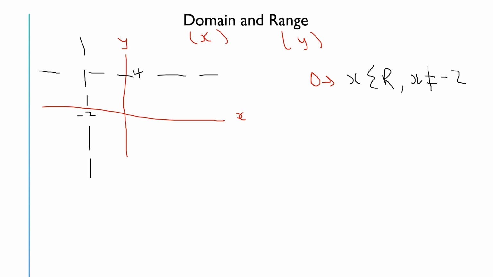That will be your domain. Now your range, remember, range goes with Y. Range will be Y element of all real numbers, but Y cannot be 4 because 4 is the Y asymptote. That will be your domain and range.